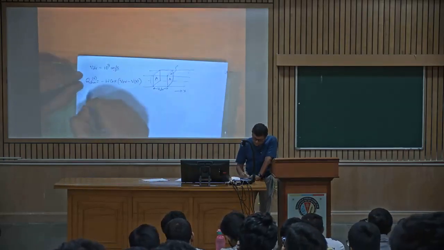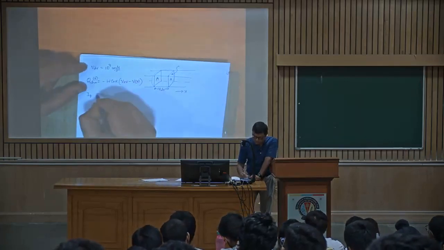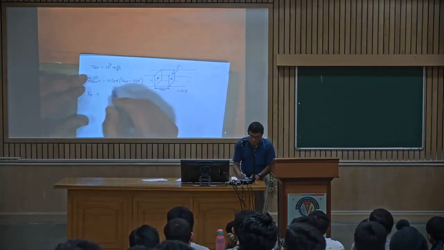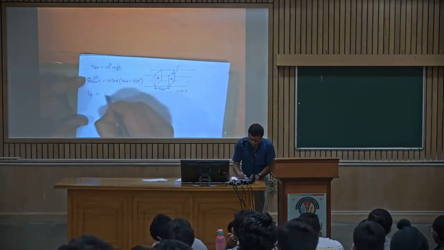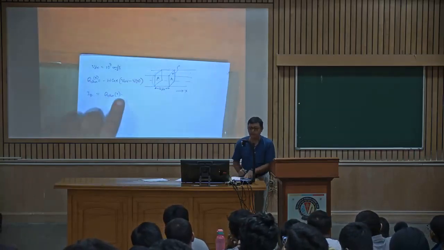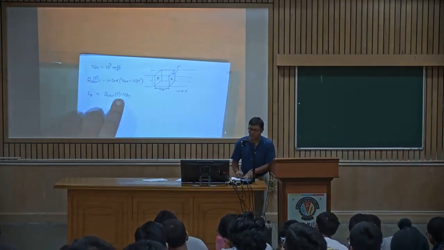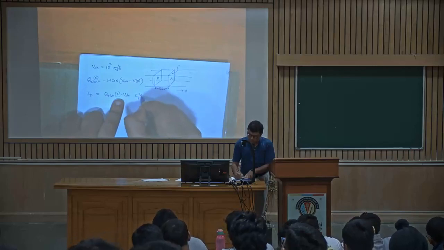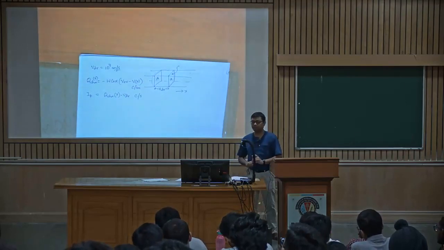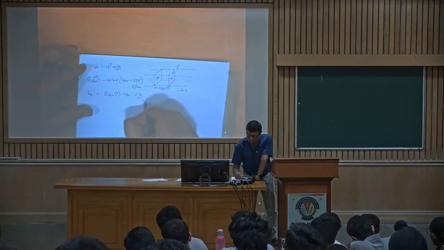So the current ID is equal to, why ID is not a function of X, we will see that in a while, is equal to this Q channel into the drift velocity VDR. That will give you coulombs per second. Here it was coulomb per centimeter. Makes sense? So what is this coulomb per second? It is nothing but equal to amperes.